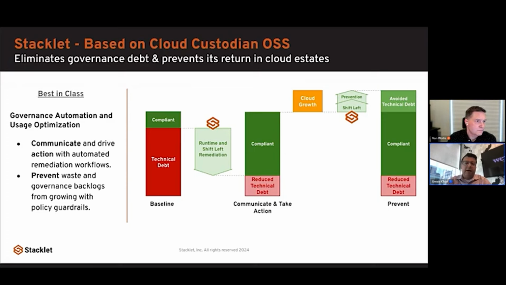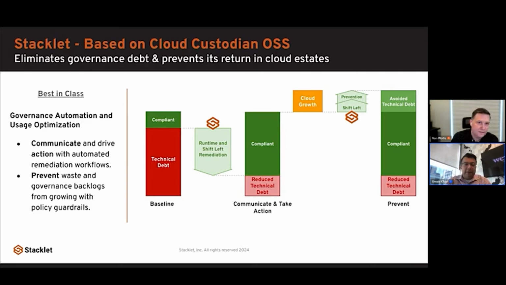So we are more focused on really operationalizing findings, be it security or cost or operational, and helping you fix those things, and then of course preventing them from happening again. Everybody did spring cleaning probably in the last month or so, and you have to do it every time, but with Stacklet in place, you don't have to do spring cleaning every time. With that, I'll pass it over to Van on the next slide.